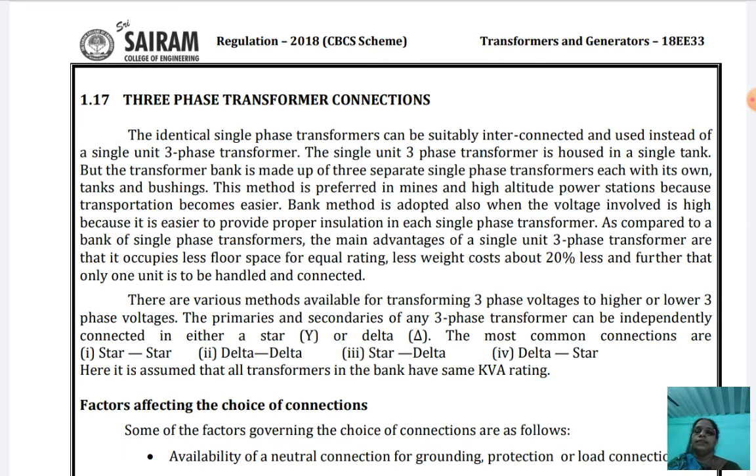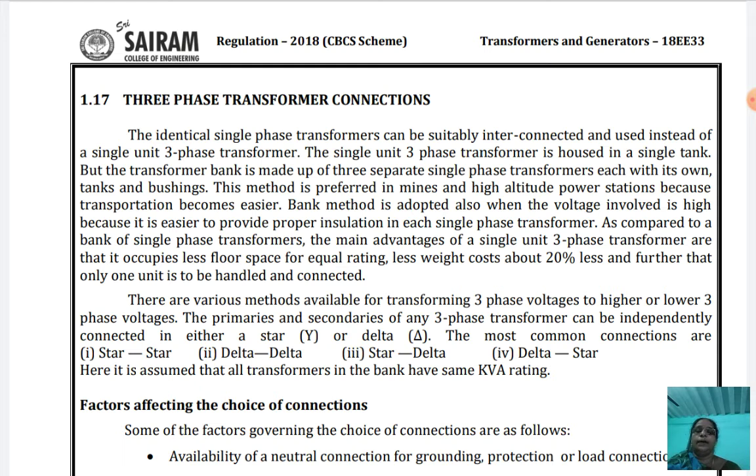Compared to a bank of single-phase transformers, the main advantages of the single-unit three-phase transformer are that it occupies less space, that is, less floor space for equal rating, and less weight, and it costs about 20% less.